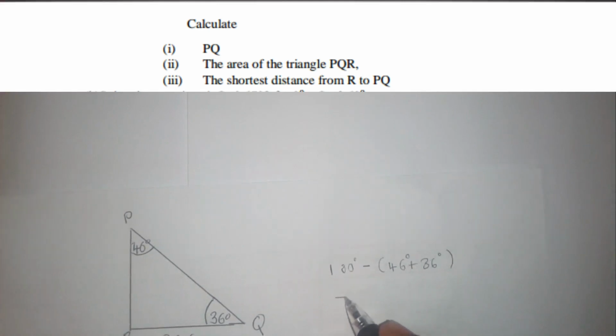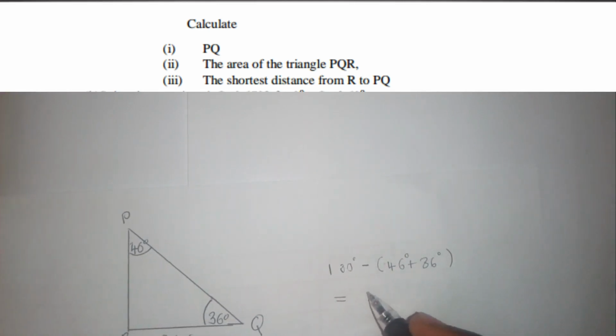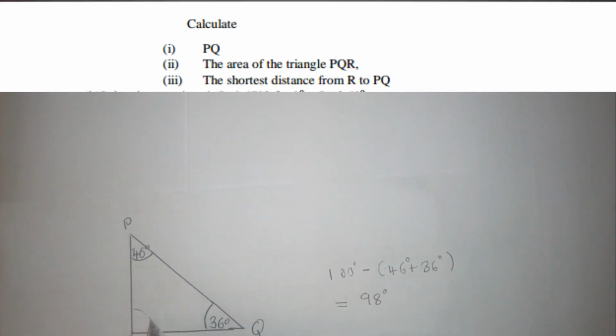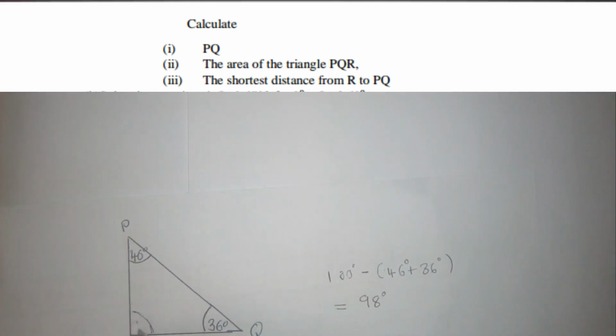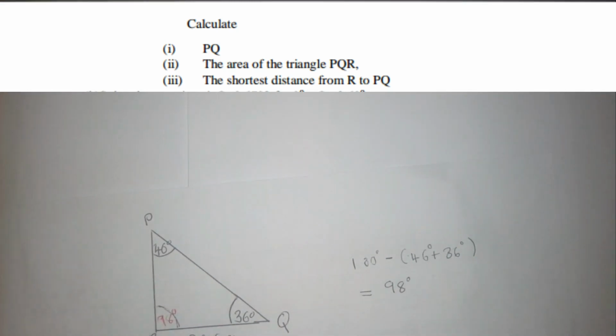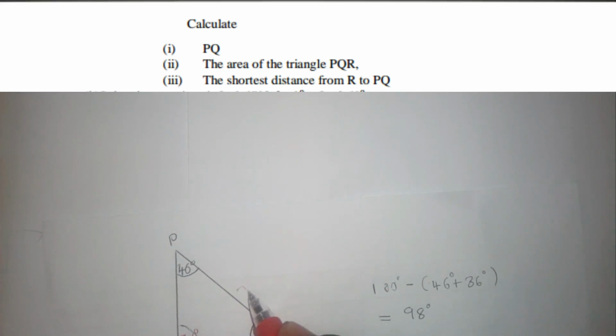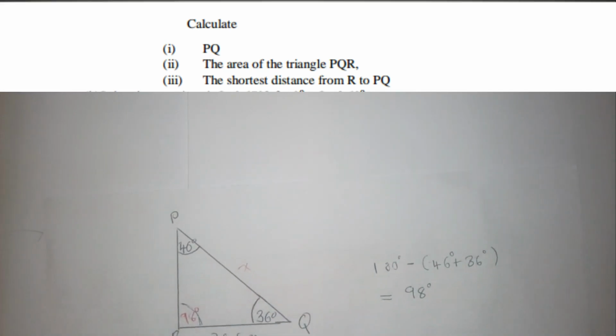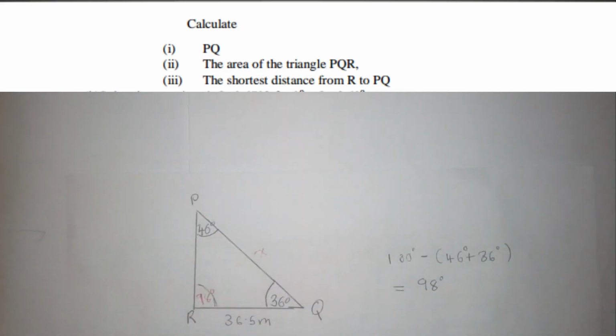When we work this out, we'll find that our answer will be 98 degrees. So this angle here is 98 degrees. We need this angle, the 98 degrees, to find this side. This is the side we are looking for. We'll label it X. This is the side we are looking for, the PQ.